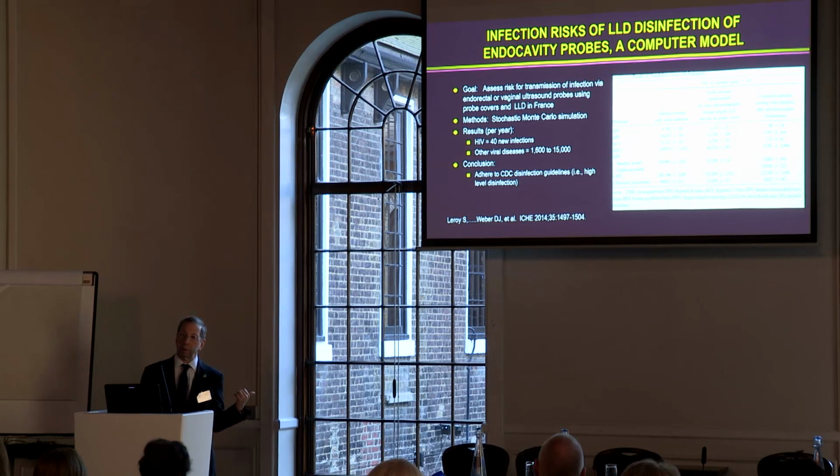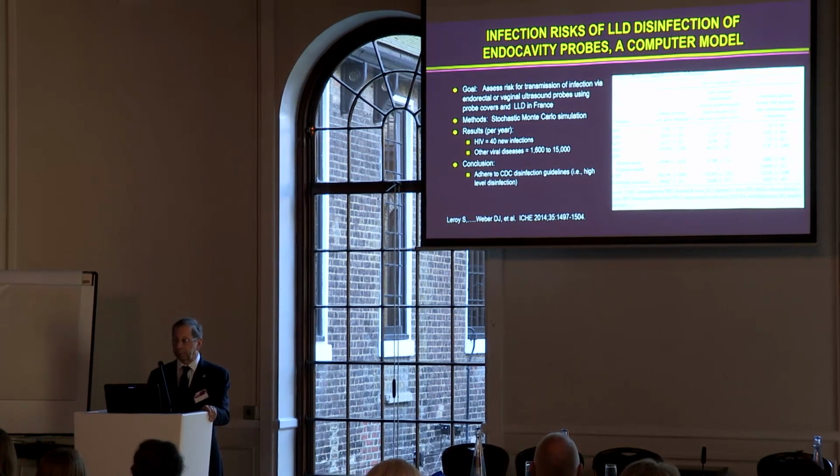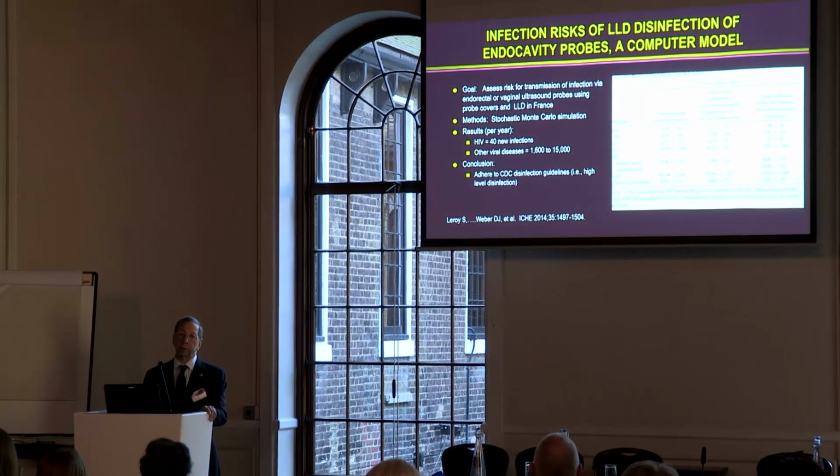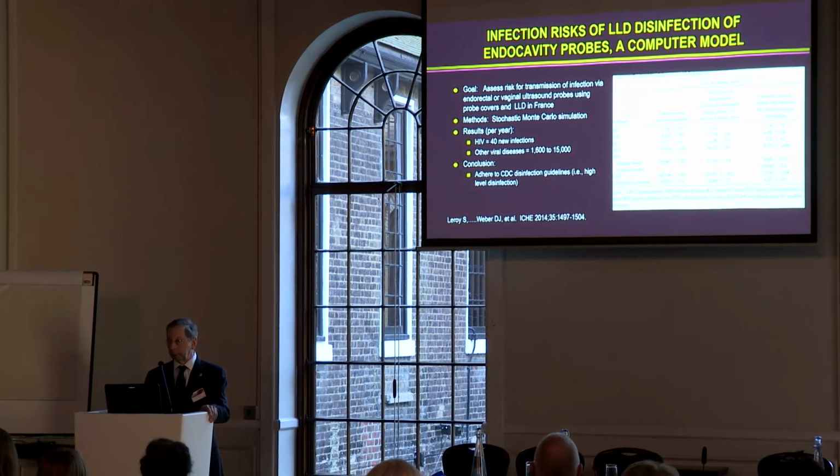Again, the outbreaks that I've shown you were found using molecular techniques only if someone has a unique bacteria or virus, so it's just the tip of the iceberg that's likely occurring. And the conclusion is that you really need to adhere to the CDC guidelines and other guidelines that recommend appropriate cleaning followed by high-level disinfection. And it's certainly appropriate to be using a probe cover, and you certainly need to use a sterile gel as well.